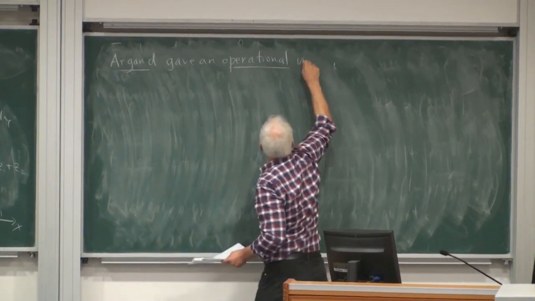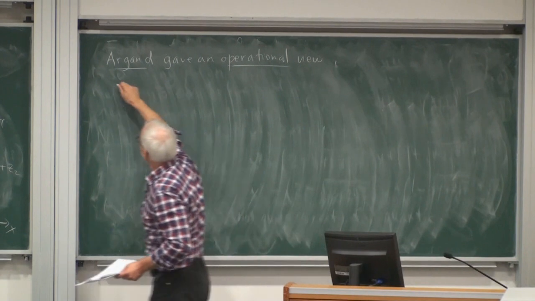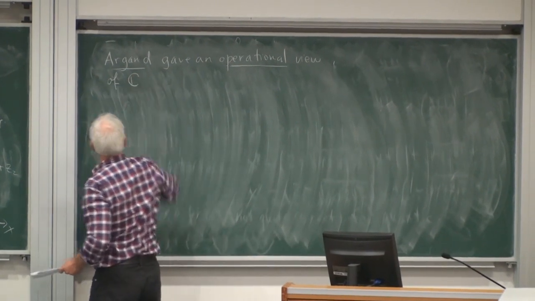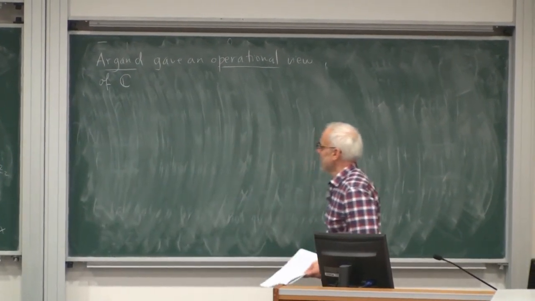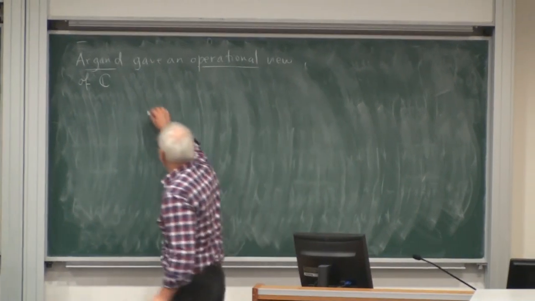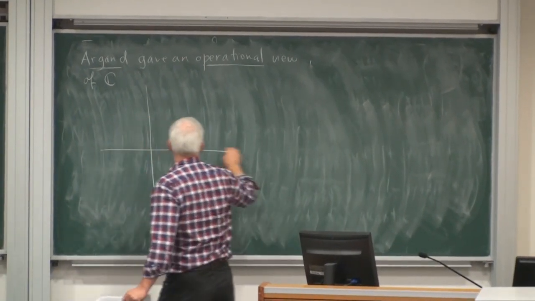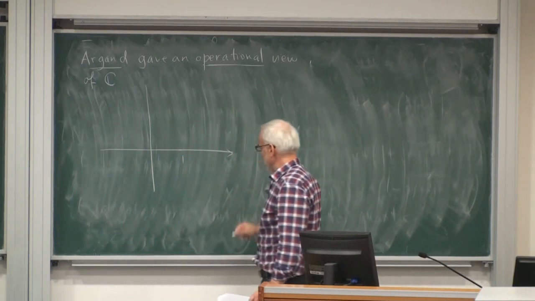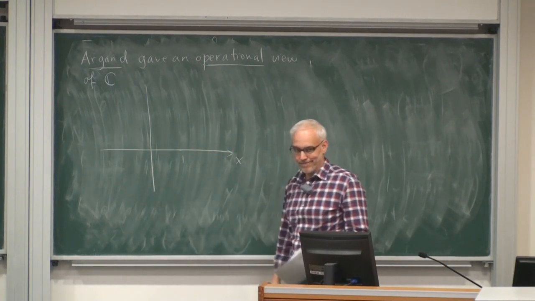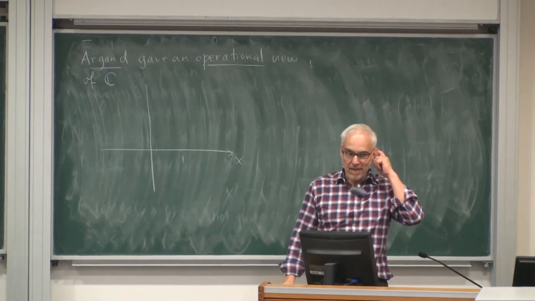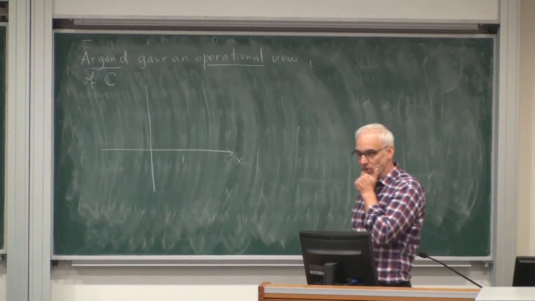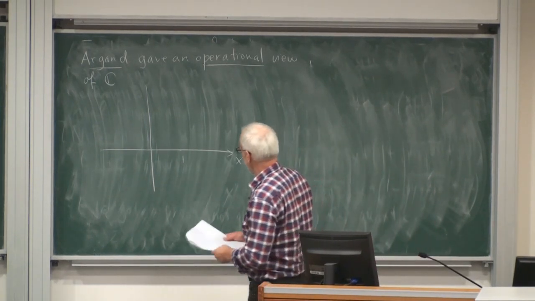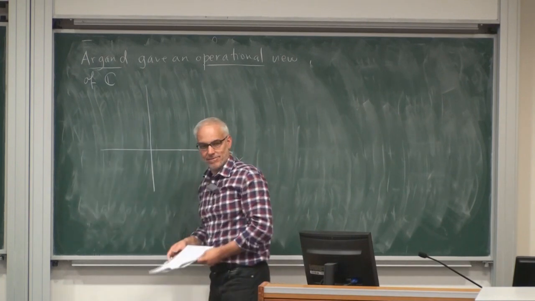An operational view of complex numbers, say C for complex numbers. And maybe we could state that this way. So if here's our standard real line, then one way of thinking about ordinary numbers is to think of them in terms of translations of this line.